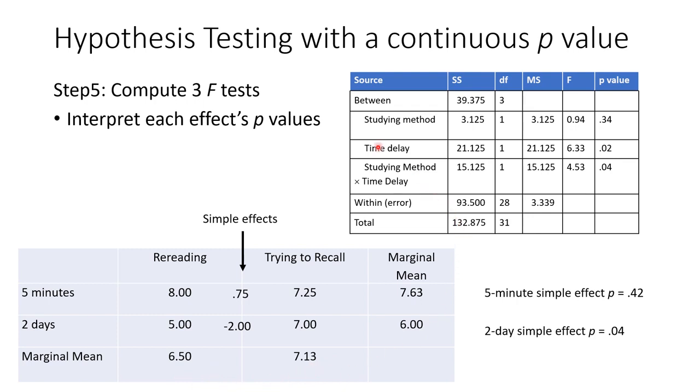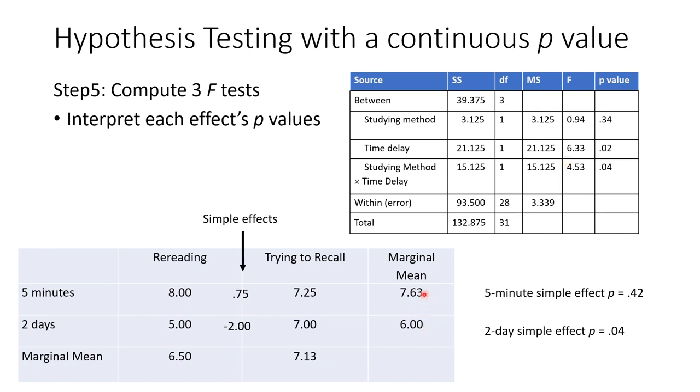So the next thing is to look for the main effect of time delay. That's comparing these two marginal means. And you can see that this F value is 6. That is quite a bit larger than you would expect due to sampling error. Again, if the null is true, you expect something close to 1 for the F value. 6 is obviously much greater than 1.